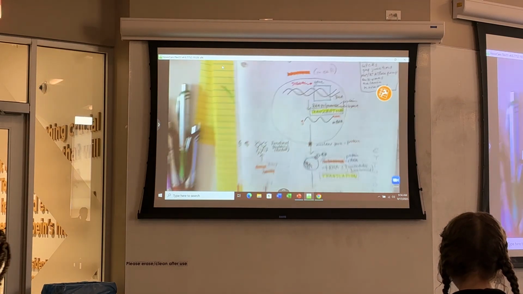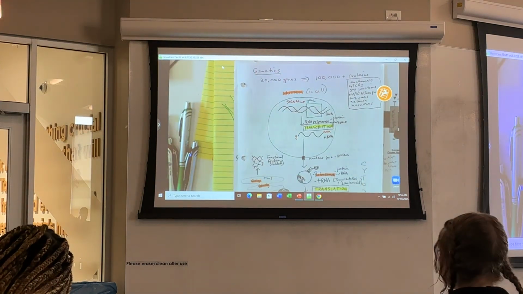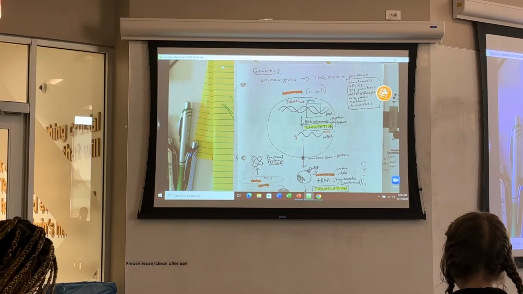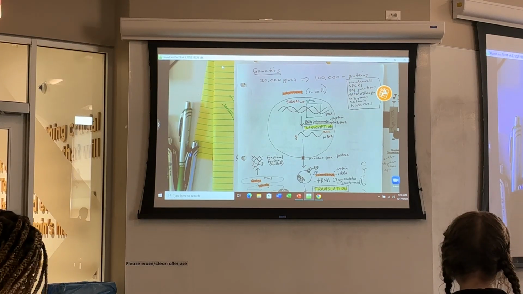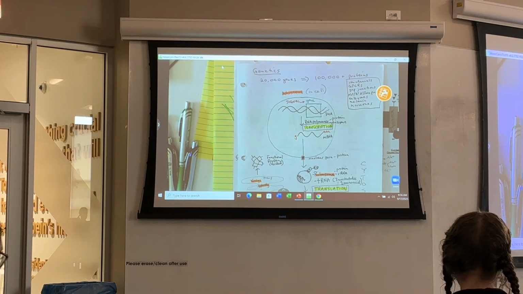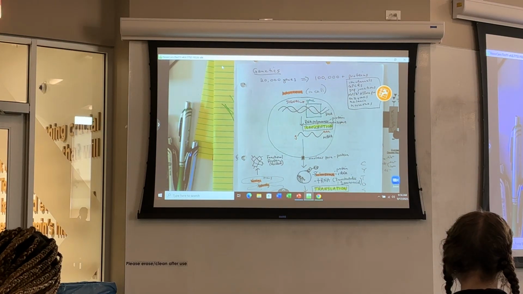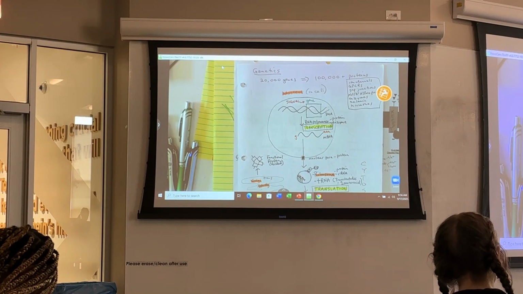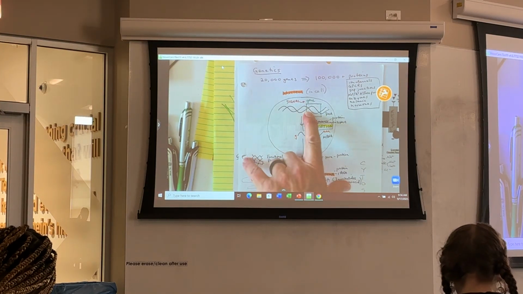All right, so again, your cells are constantly getting different signals to either turn genes on or turn them off. We're going to focus more on turning it on. So that signal, again, on the nuclei of all of your cells, you have all these genes that are located in double-stranded DNA. That's the blueprint for all of our proteins.